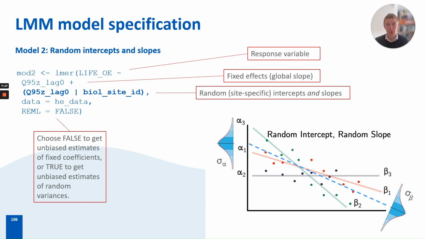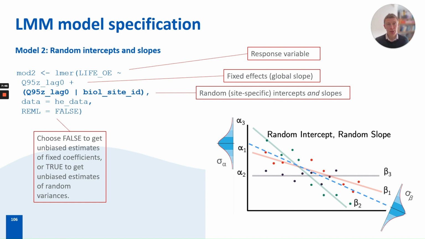The only difference from model 1 is that now the random part of the model, the part in brackets and highlighted in bold, has the flow variable, the Q95Z statistic, within that random part. So now we are telling the model we want to fit a random slope. We want the effect of this flow variable to be not only a fixed effect, that's common to all sites, but also to allow that to vary randomly from one site to another.